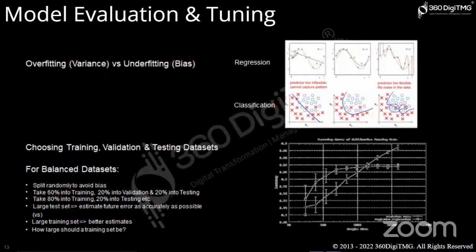What is happening here? I have some data here, and when I calculate the error values, there will be error values. But in this case, my line is following the same data, so I have less error.